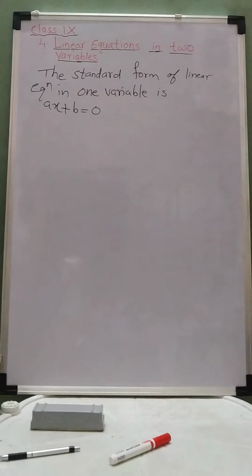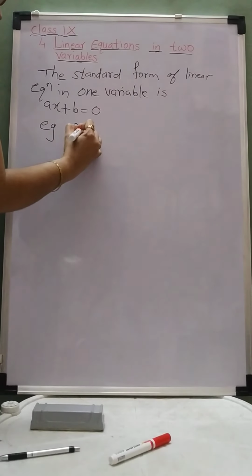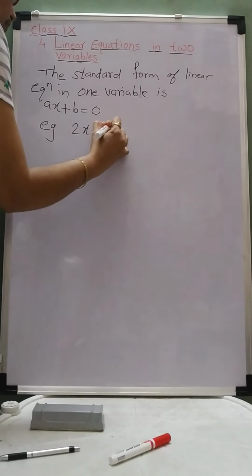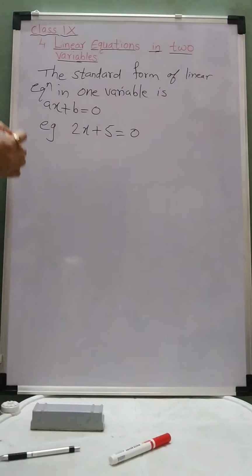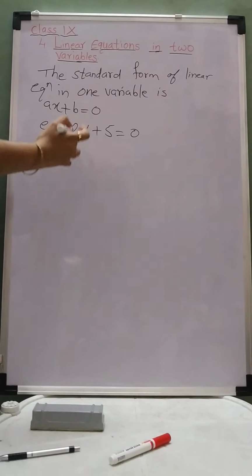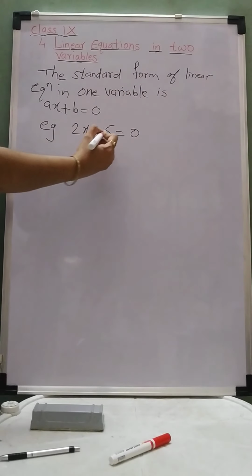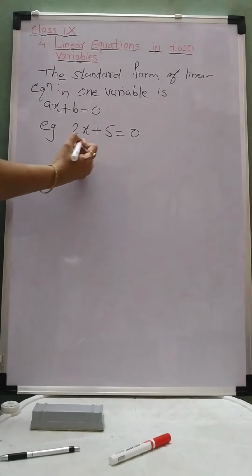For example, 2x plus 5 is equal to 0. In the previous classes, you learned how to solve linear equation in one variable. Here, if I transpose this 5 to the right side, then the sign of 5 will get changed.